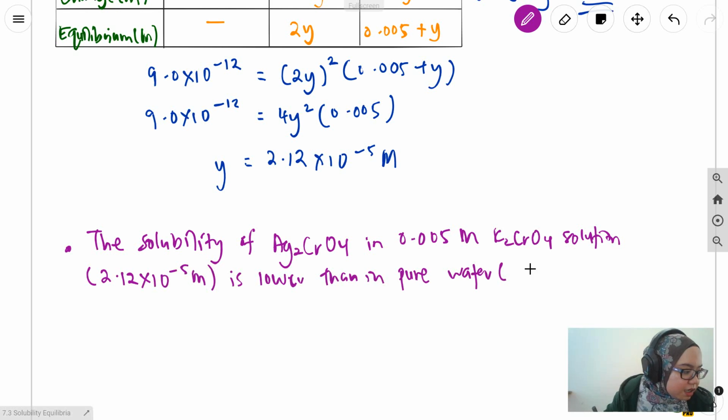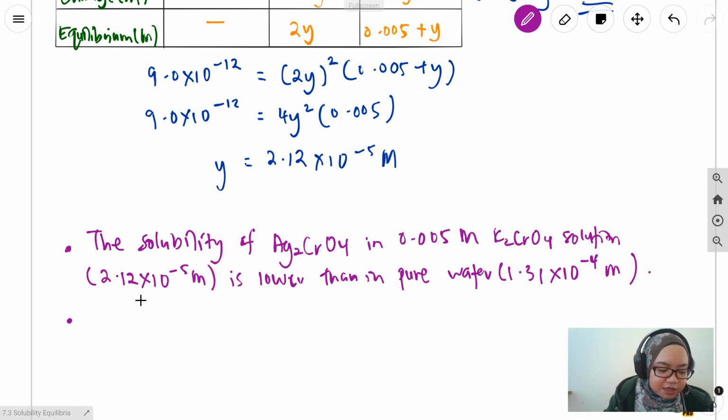Dalam pure water tadi, 1.31 times 10 negative 4 molar. Okay. Itu first explanation kita.